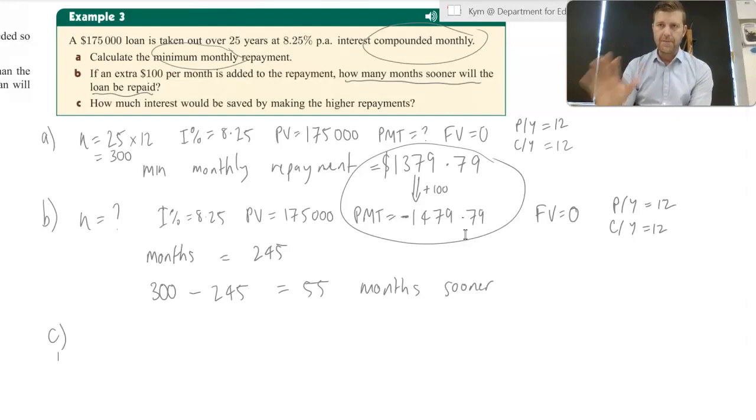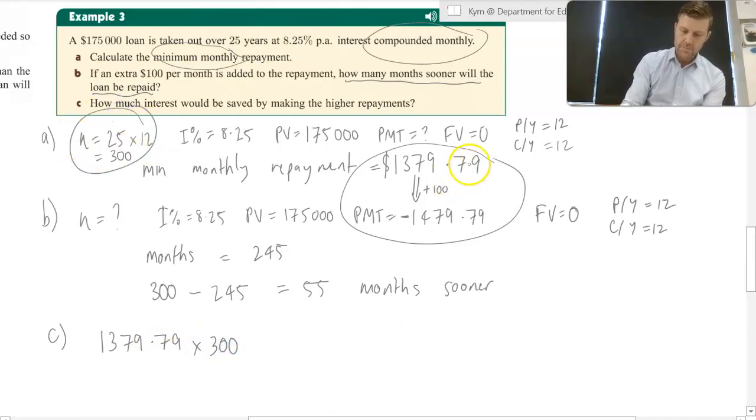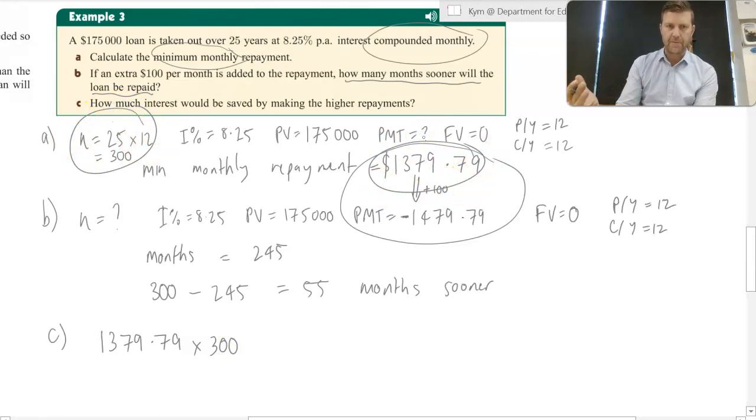So if I made the minimum payment, I would do $1,379.79, and I would pay that back 300 times, and pay it off in 25 years.